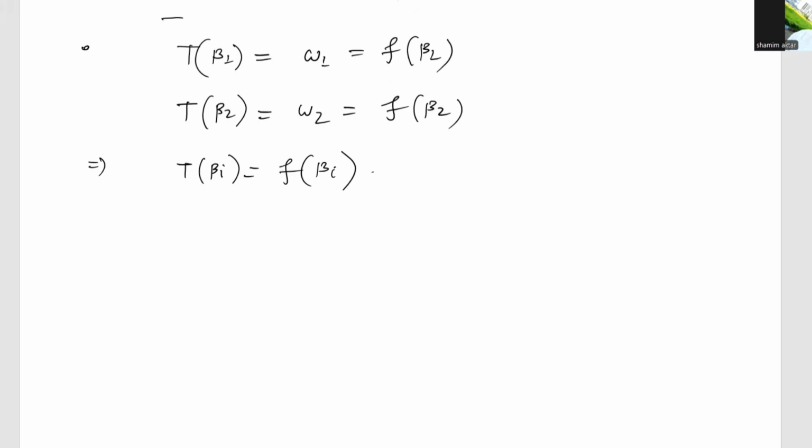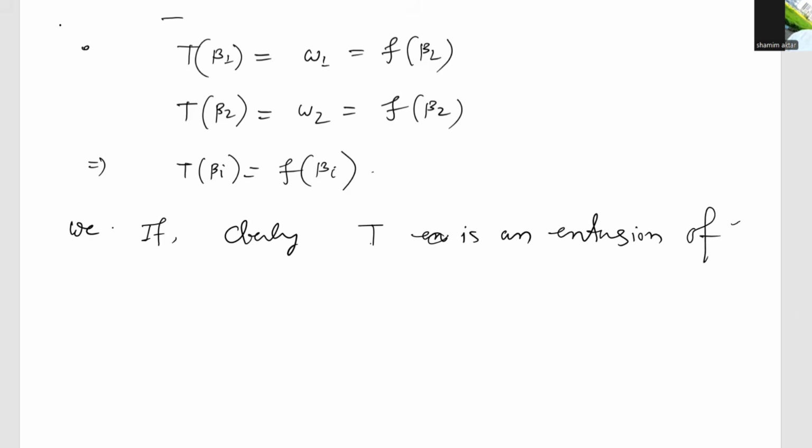We also know that if two linear maps agree on a basis, then they agree on the whole set. So clearly T is an extension of f.